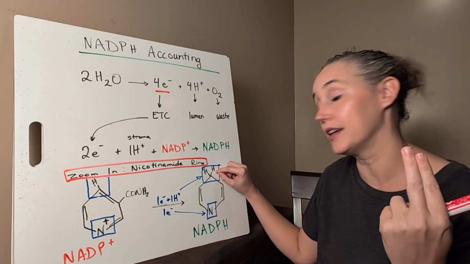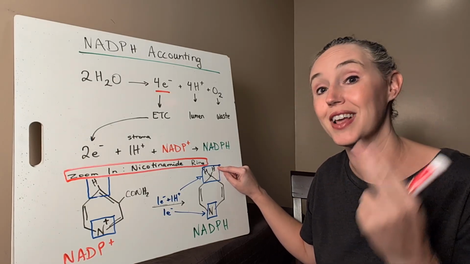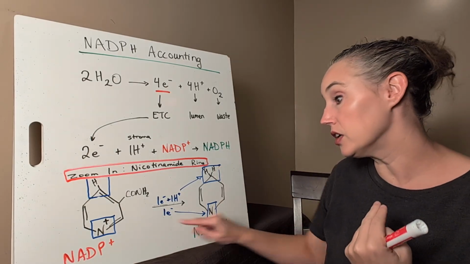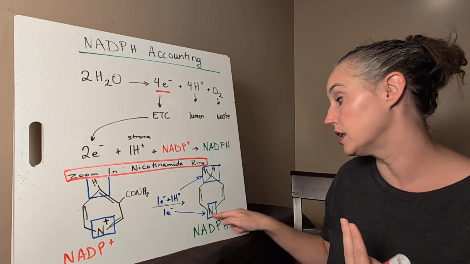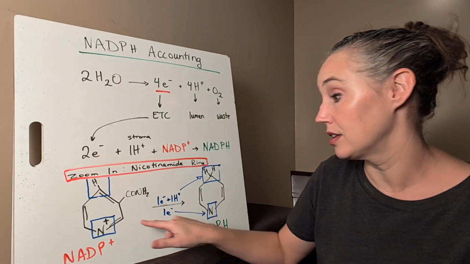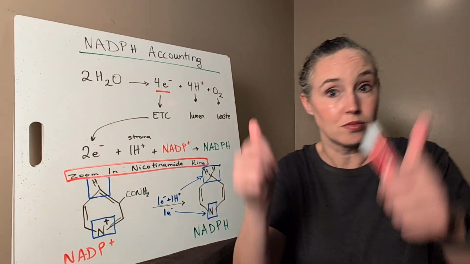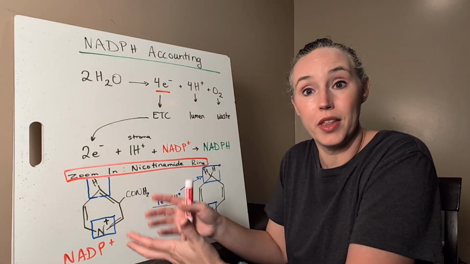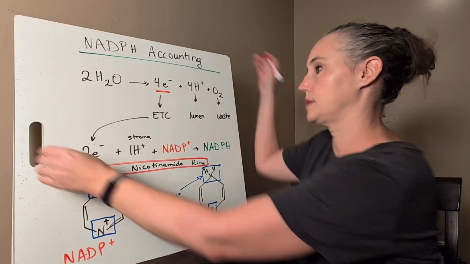We'll add another H up here. So that's where one electron and one proton goes. Then down here, this is positively charged, we're going to add the other electron, and that's going to neutralize this positively charged nitrogen to be neutral. So that's how this structure physically carries those electrons and protons.